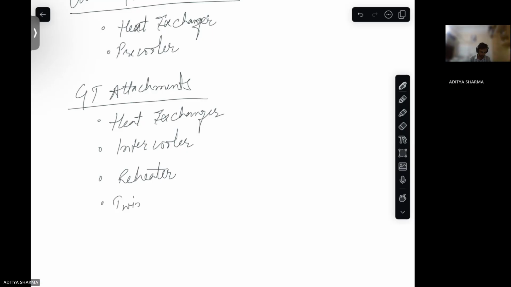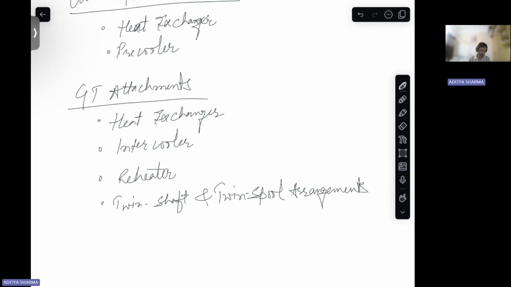Then the shaft and spool arrangements. So these types of attachments are there.